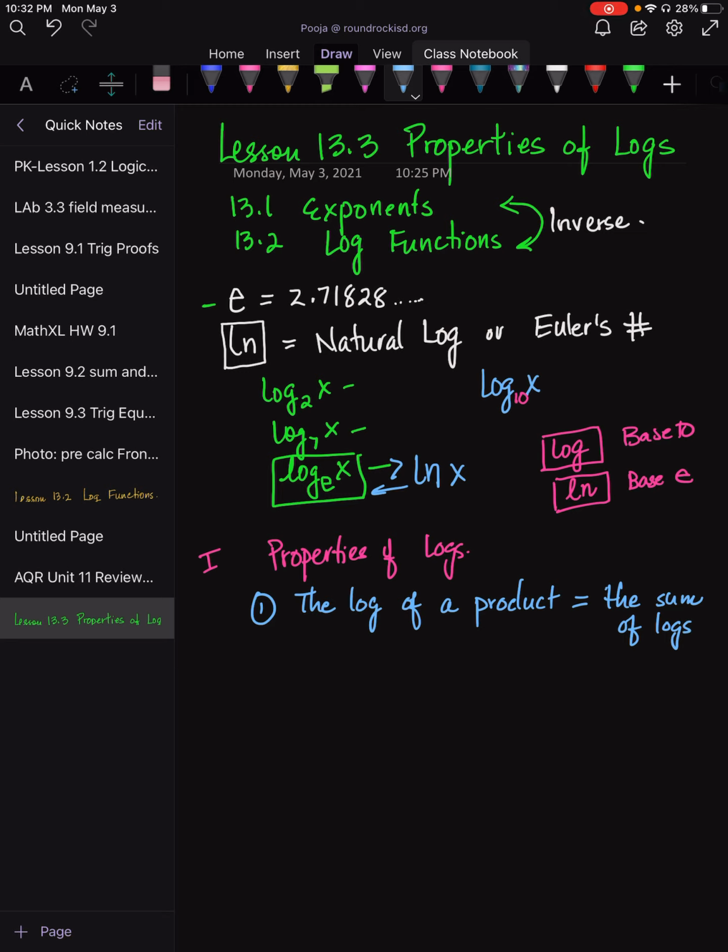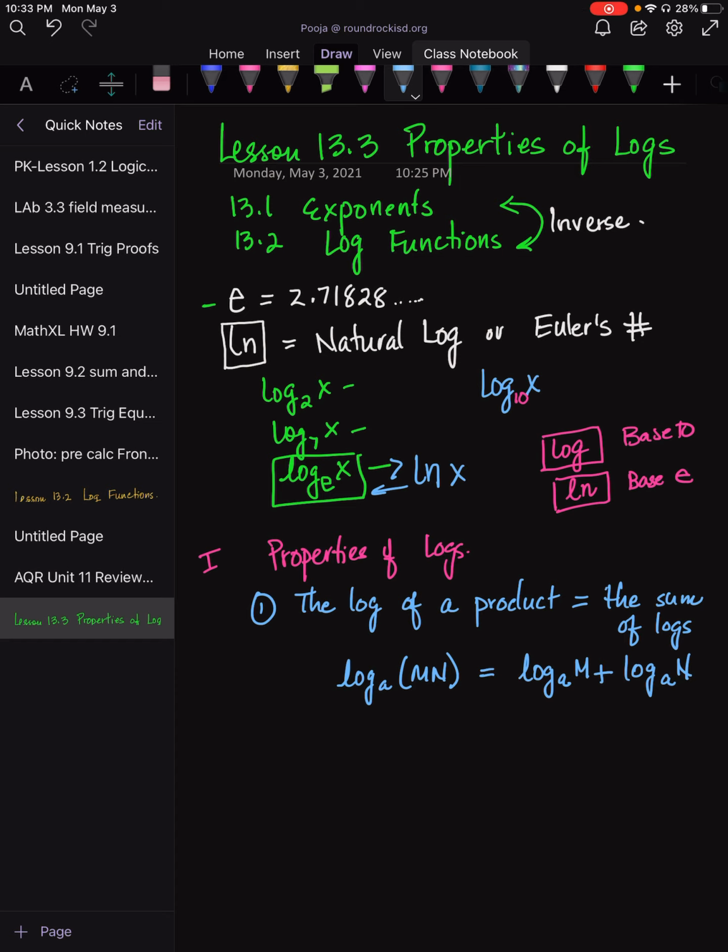What does it even mean? This is what it means. If you have log base A of a product, m times n, where m and n are two different numbers or two different expressions, if they're being multiplied, then the log of the product is the same as the sum of the individual logs, log base A of m plus log base A of n.